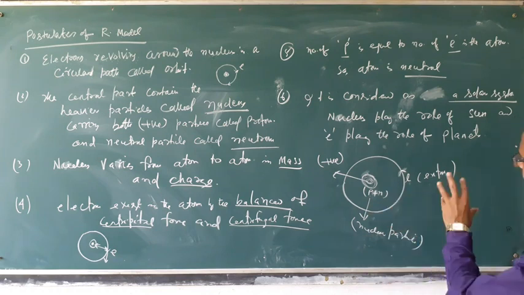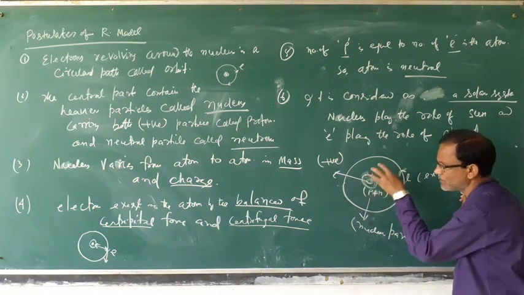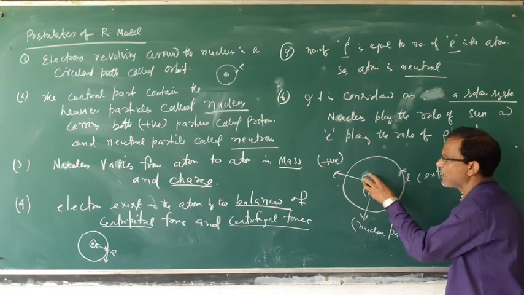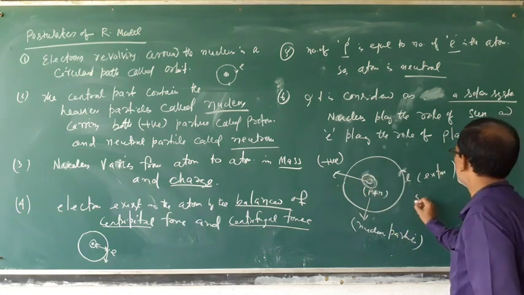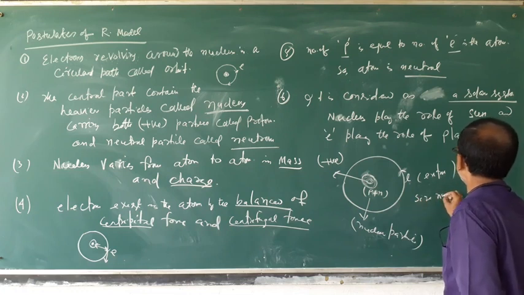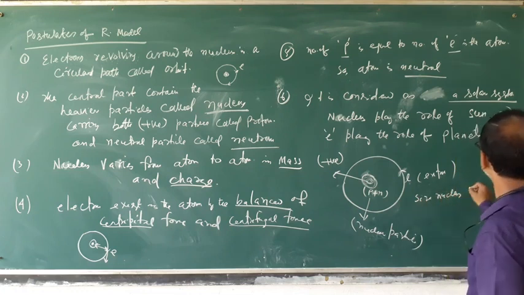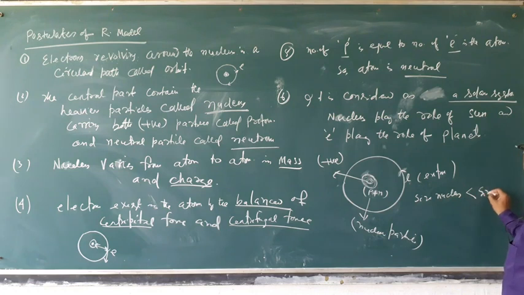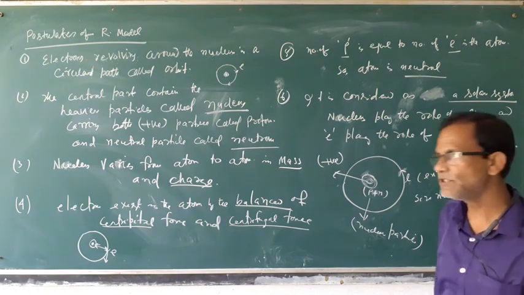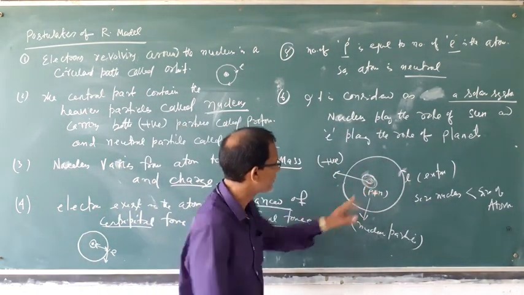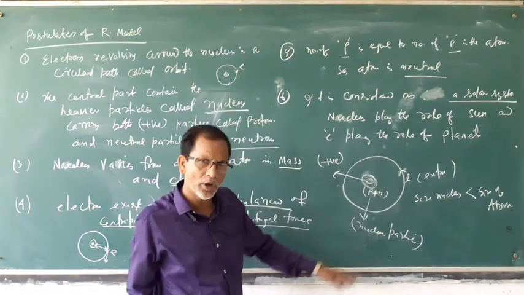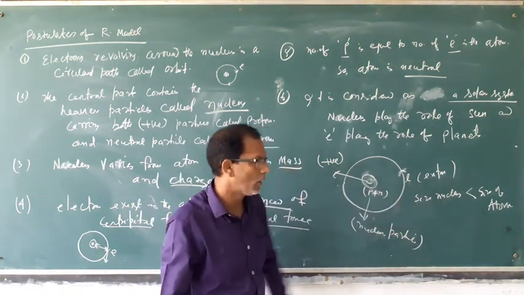It is studied that the nucleus is the central part of the atom, and the size of the nucleus is less than the size of the atom because the nucleus is a part of the atom. How much?